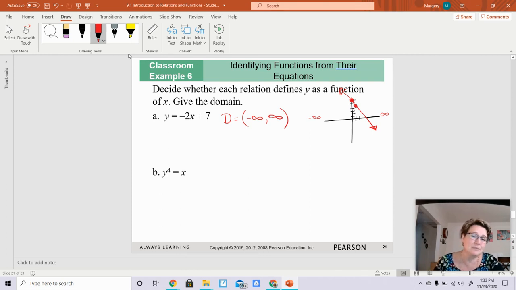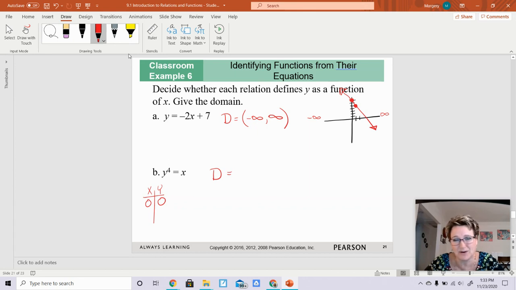I can't just put in any number for x, because remember, I only want the domain. So let me just pretend like I'm going to make a little table. Okay? If I put in the number 0 for x, y is going to have to be 0. If I put in the number negative 1, you guys, I would never be able to do anything to y to the 4th power to give me negative 1.